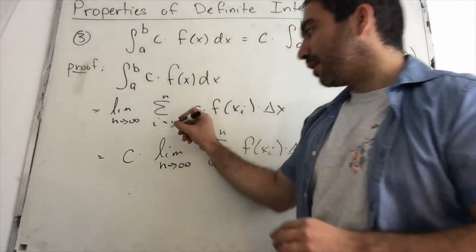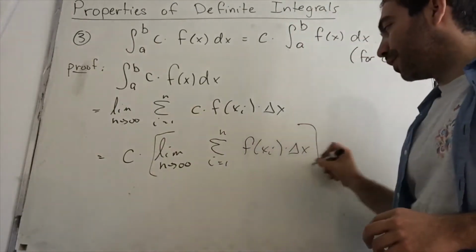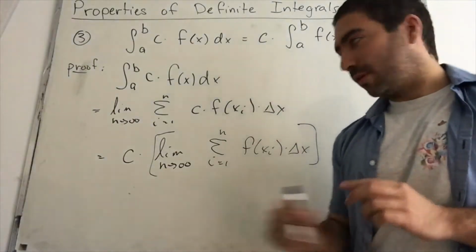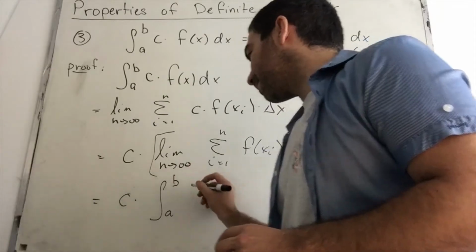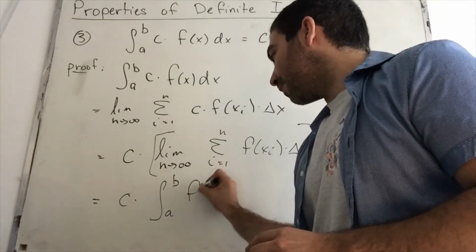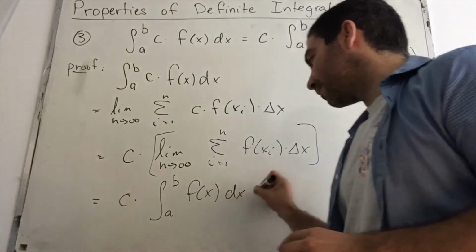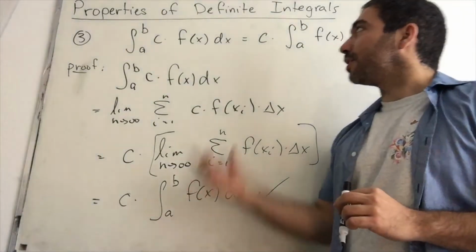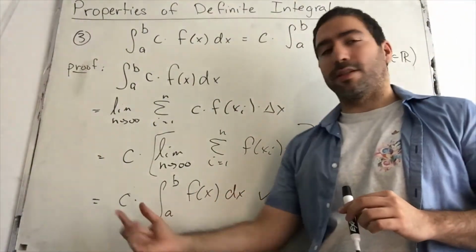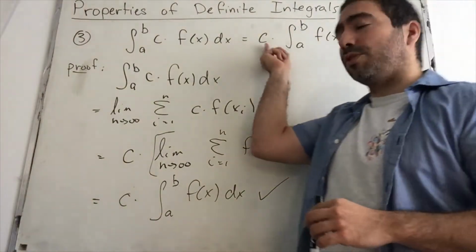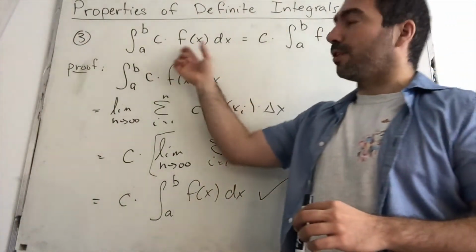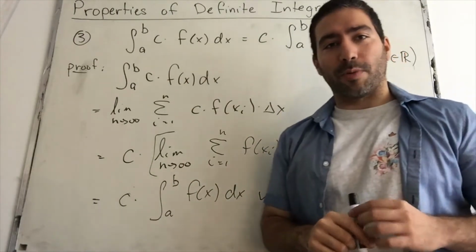And again, this piece here is just our definition for the integral of f. So we get c times the integral from a to b of f of x dx. And we're done. This is what we wanted to show, for any constant c. This is a nice property. If we're dealing with constants, we just remove it, ignore it, and integrate the function on its own. Let's move on to the next property.